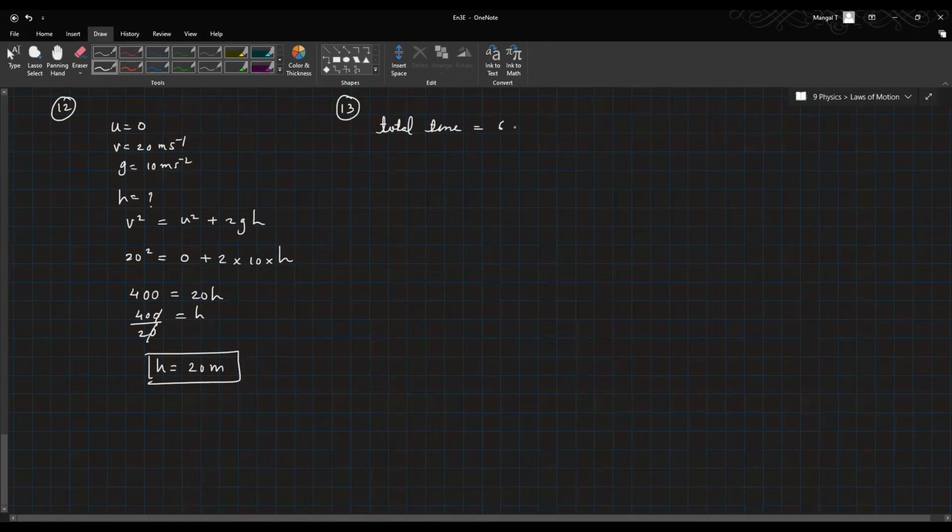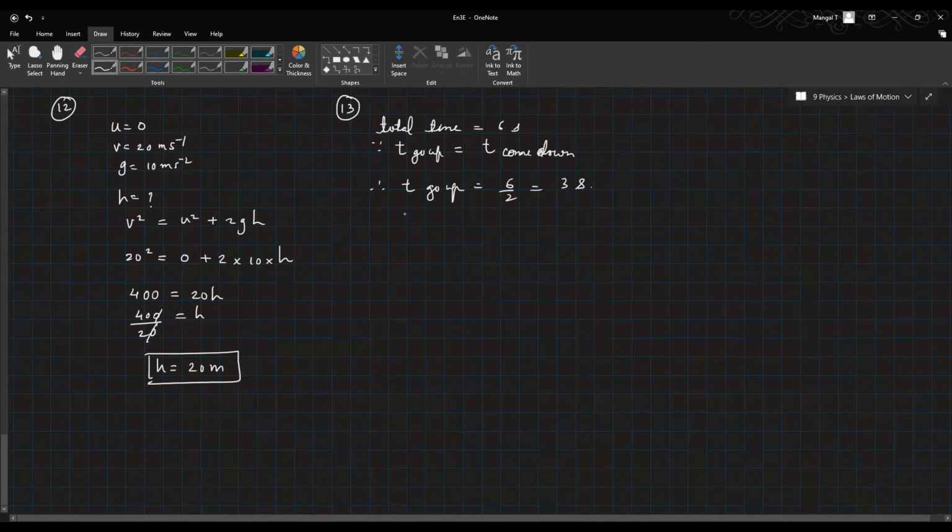Total time is 6 seconds. Since the time taken to go up is equal to the time taken to come down, therefore the time taken to go up is 6 upon 2, that is 3 seconds.